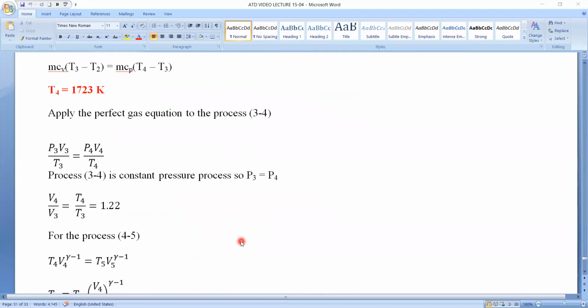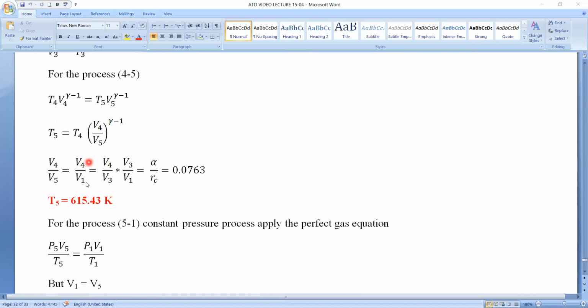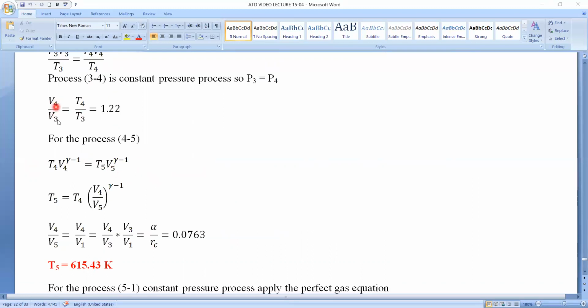Now V4 by V1 can also be written as V4 by V3 into V3 by V1. If you cancel V3 and V3, we are left with V4 by V1. We just did this rearrangement for convenience. V4 by V3 we have just calculated, that is the cutoff ratio alpha, and V3 by V1 is nothing but 1 by RC.